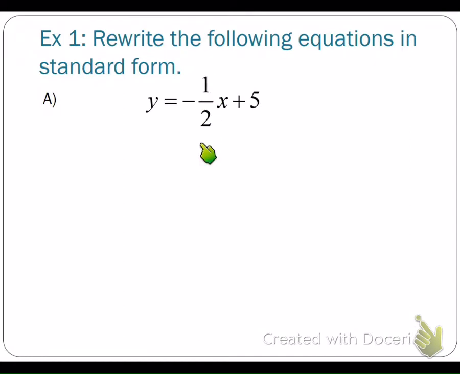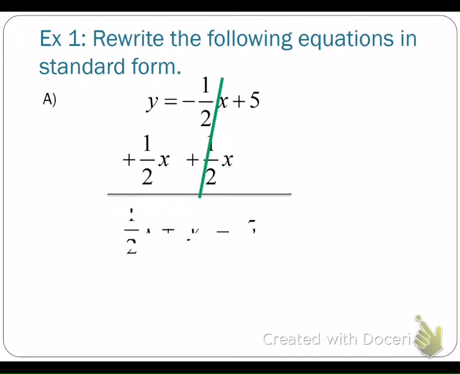The reciprocal would separate the negative 1/2 from the x. That's not what I want to do. I want to move it with the x to the front. So I'm going to start by adding 1/2 x to both sides. And I'm going to write it in front of the y. That's the whole point, is I want the x in the front, then the y, then the equal sign, then a number.